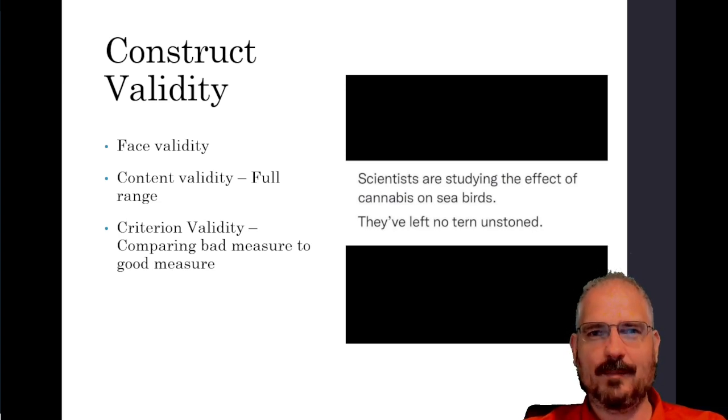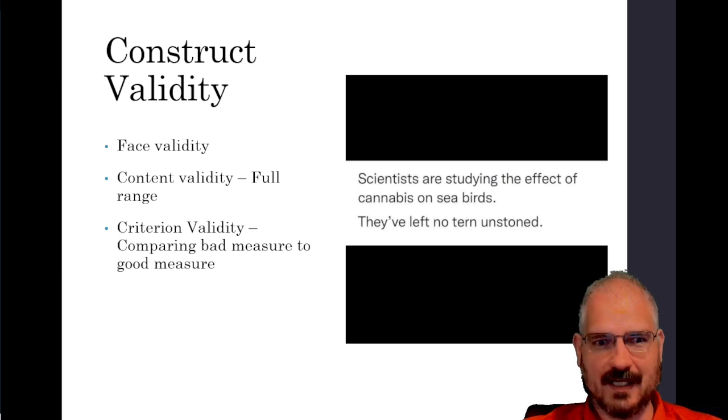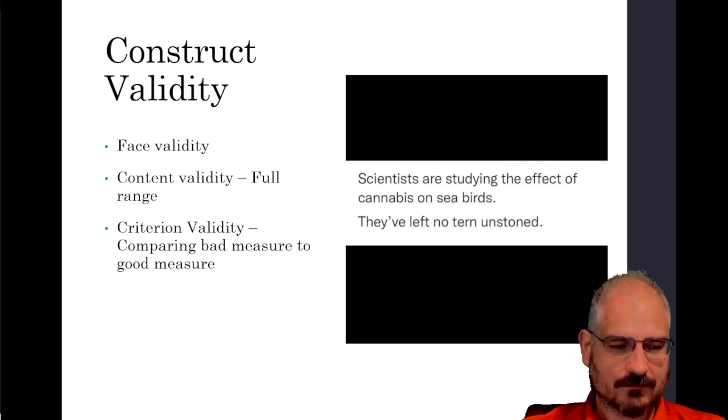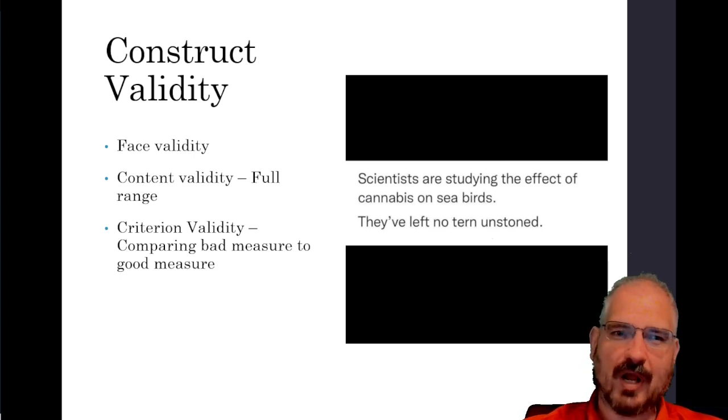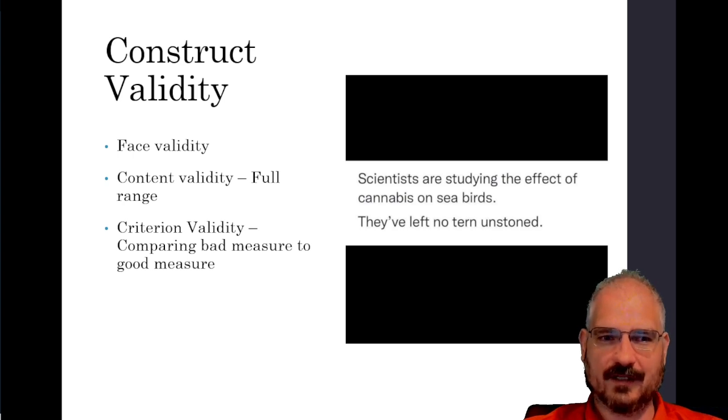And again, this is all about how well our measures really cover these concepts that we're trying to measure. That's all construct validity is. And these are just a few of the many sub topics under that bigger umbrella of construct validity.